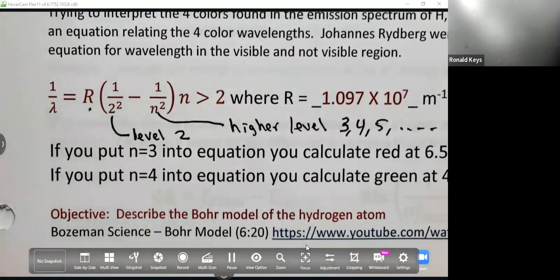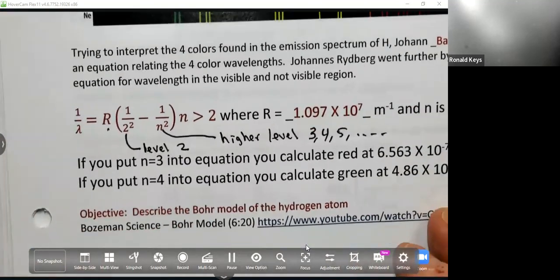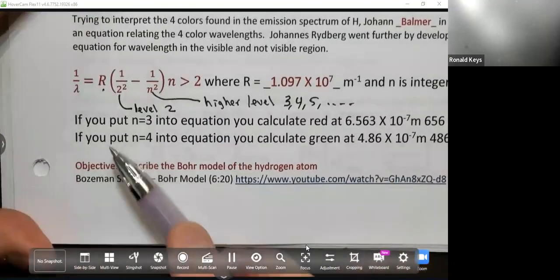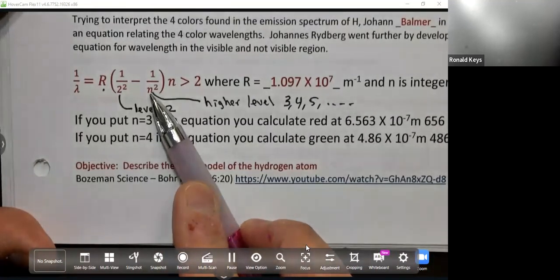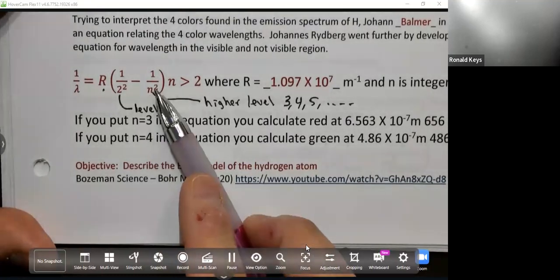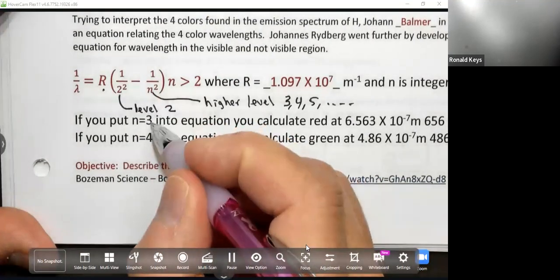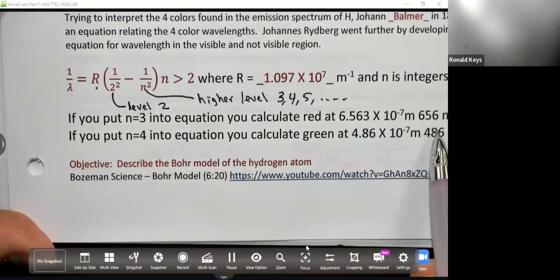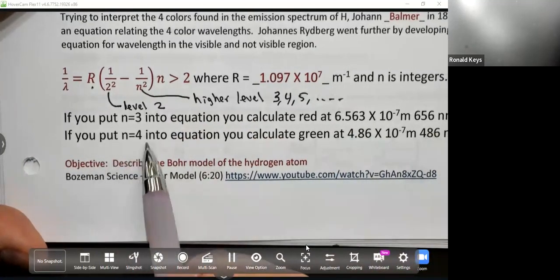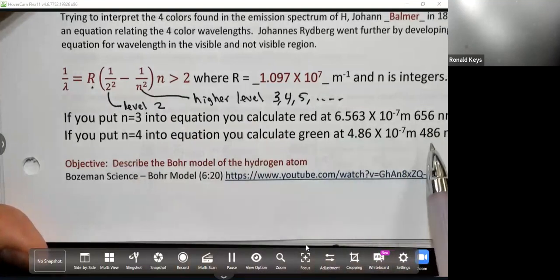So if you put n equals 3 into this equation, right there, you calculate red at 656 nanometers, and if you put 4 into this equation, we'll get green at 486. Trust me, I punched them all in.